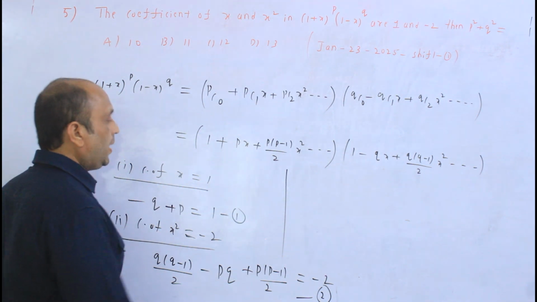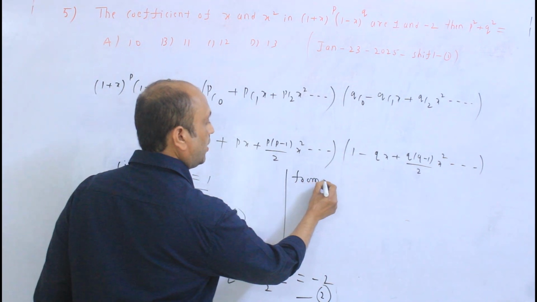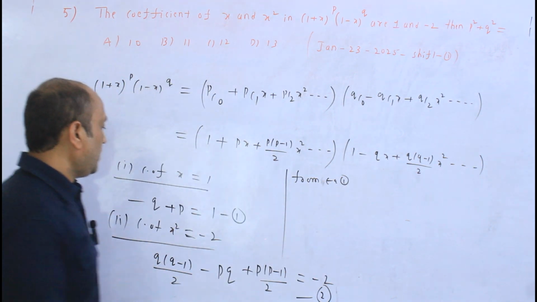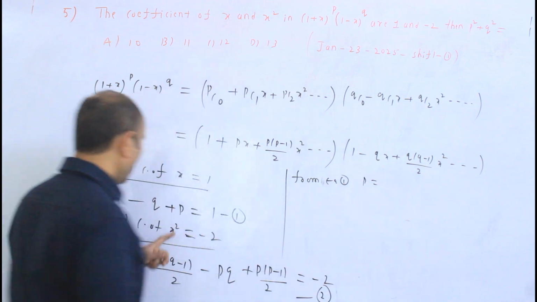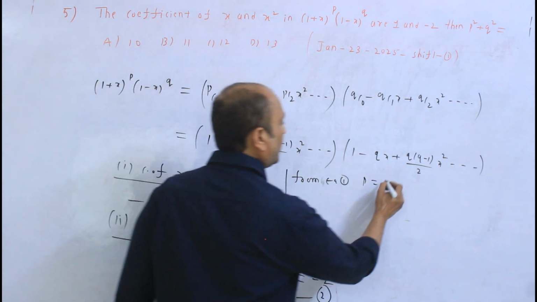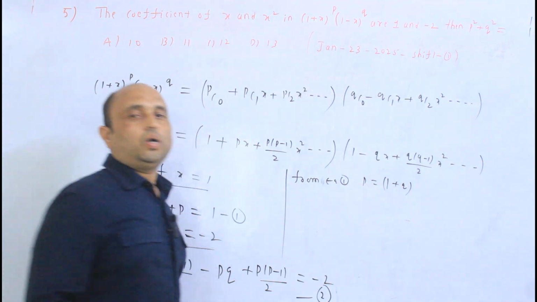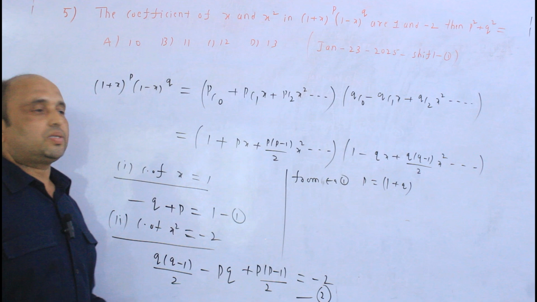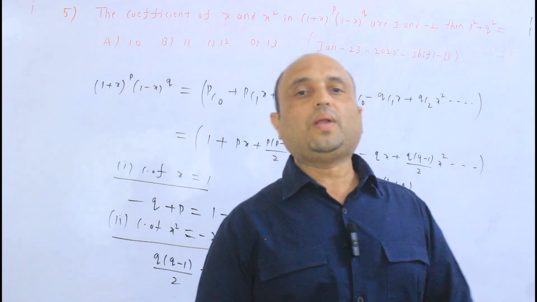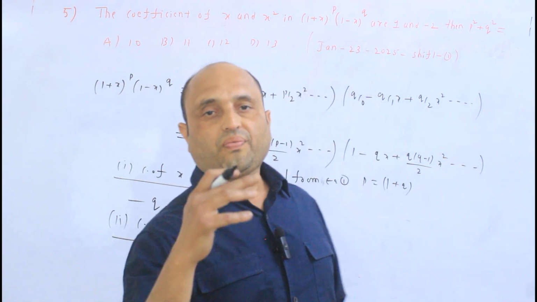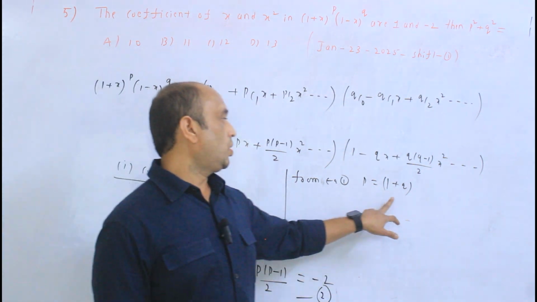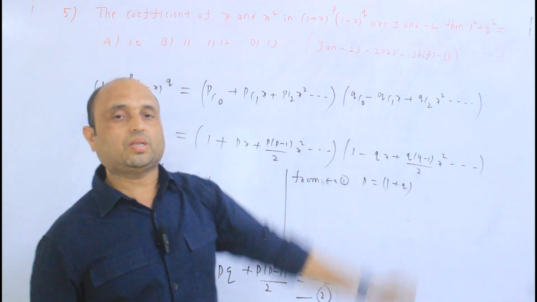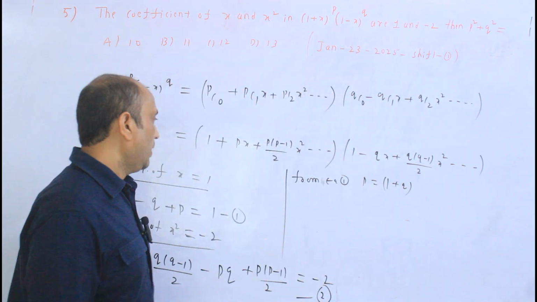So just substitute in place of p, q plus 1, and we will get the equation in terms of q. Then find q. After getting q, substitute q on this side, we will get p. Then substitute all the p, q values in that expression, then we will get p square plus q square.